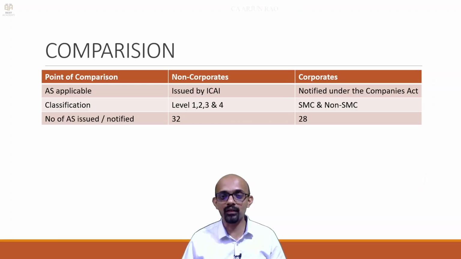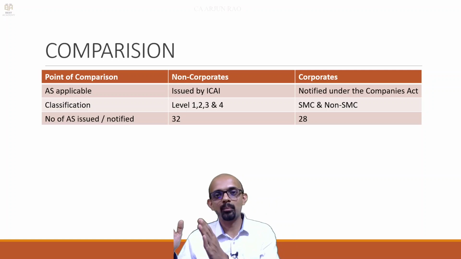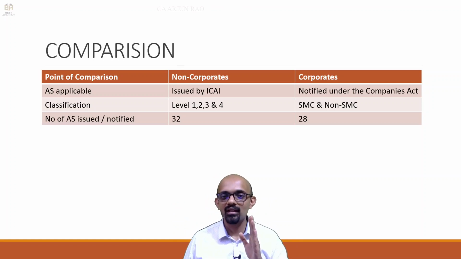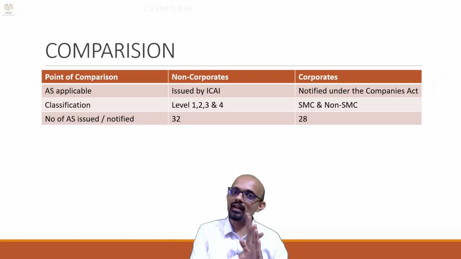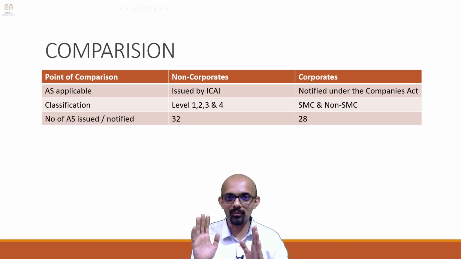Similarly for corporates, for non-corporates we are talking of 1977, but for corporates we are talking of 2006 till date. In 2006, some standards were already withdrawn by ICAI, so those standards were not notified under the Companies Act.